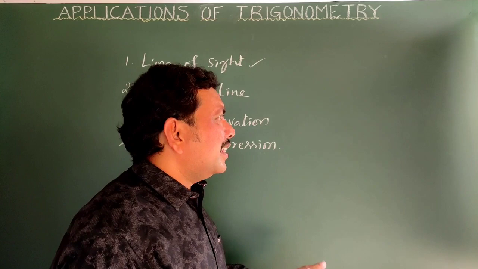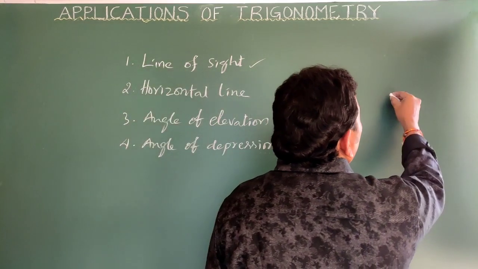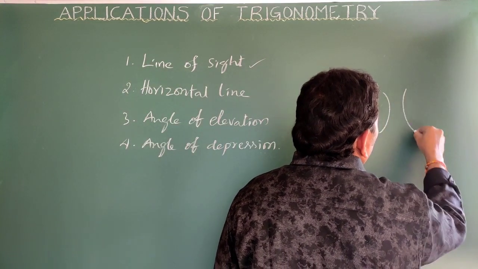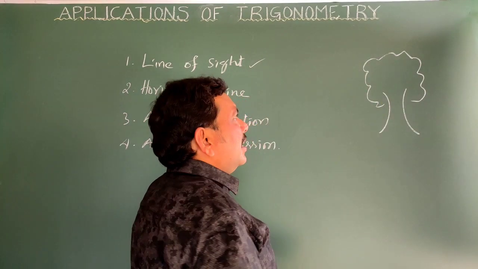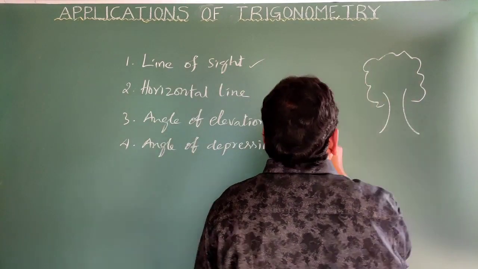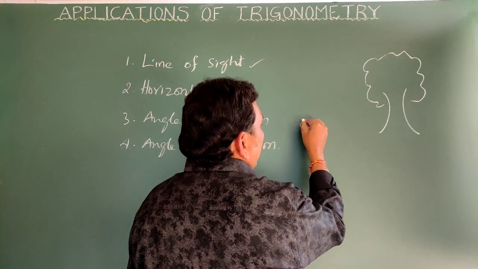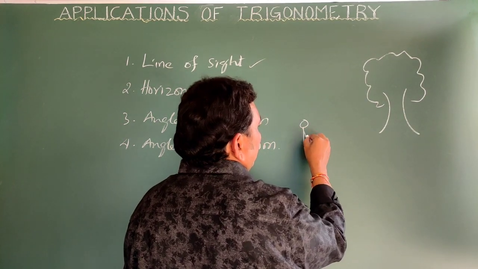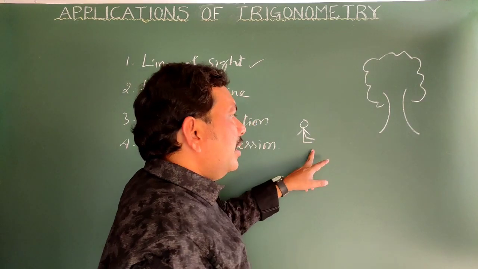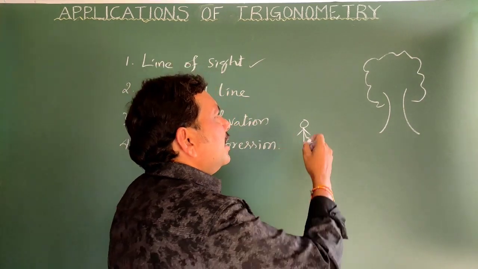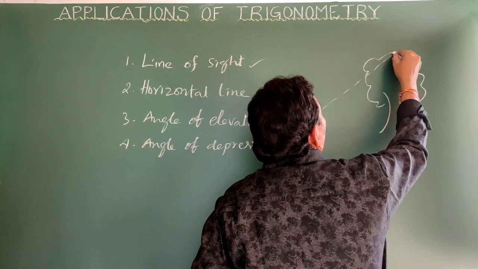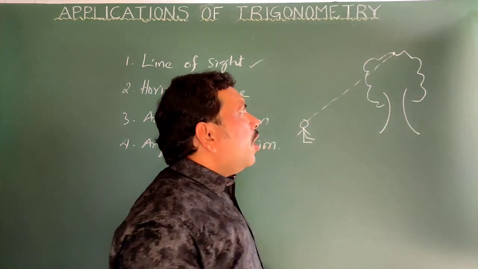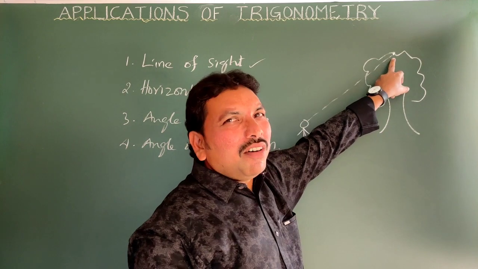For example, take a tree. Suppose this is a tree. A man stood on the earth. He is observing a point which is on the top of the tree.